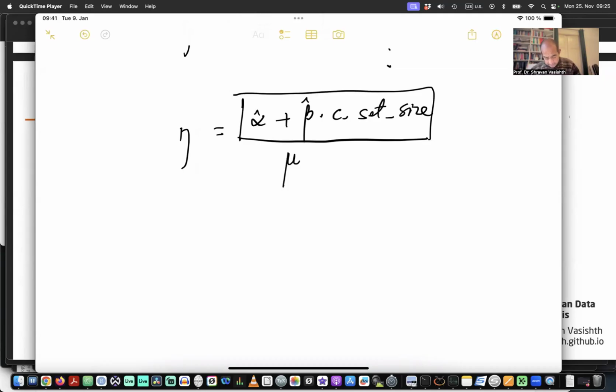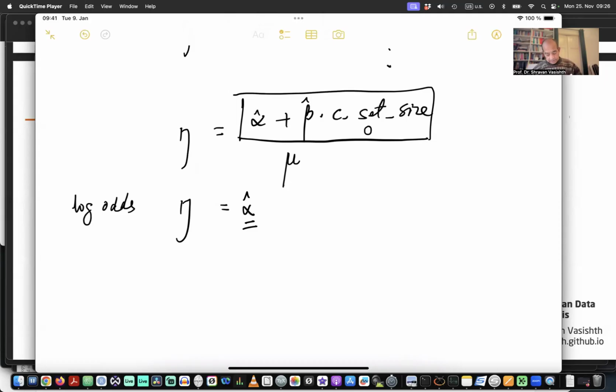If I plug in a centered set size value like 0, which is the average set size in the centered values, then alpha hat is going to be in log odds space. In log odds space, I've got an estimate of the accuracy in log odds when the set size is the average value.